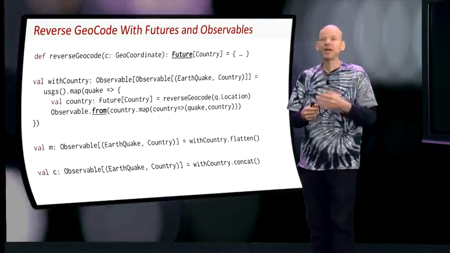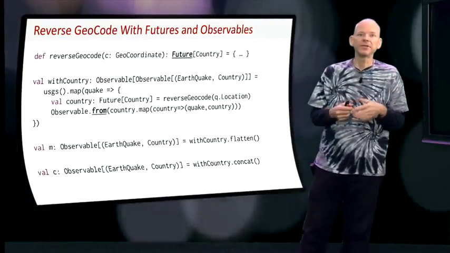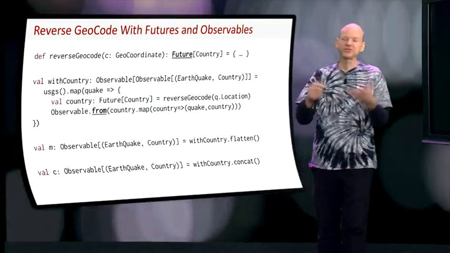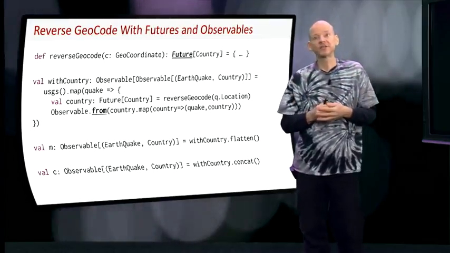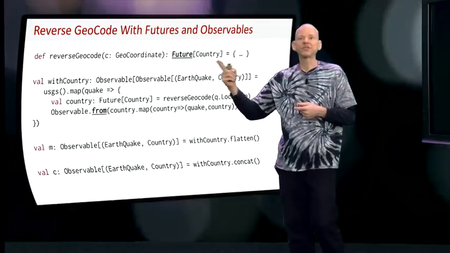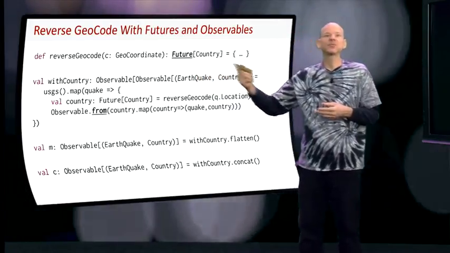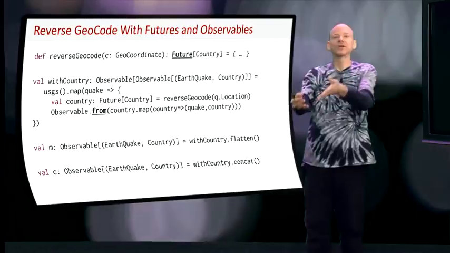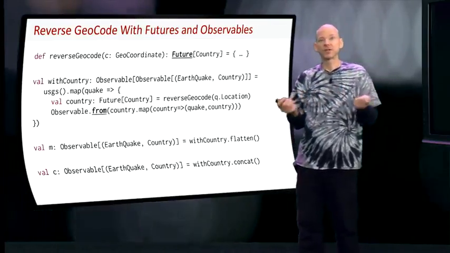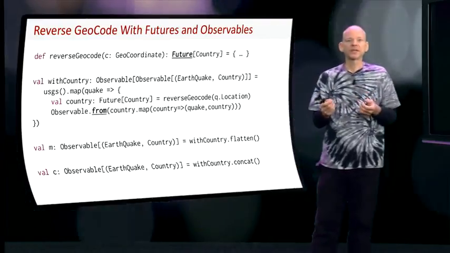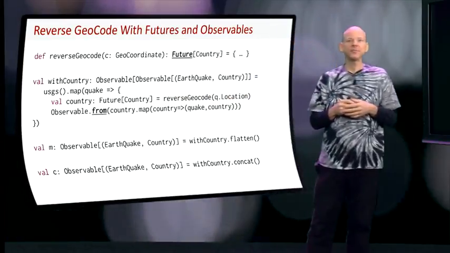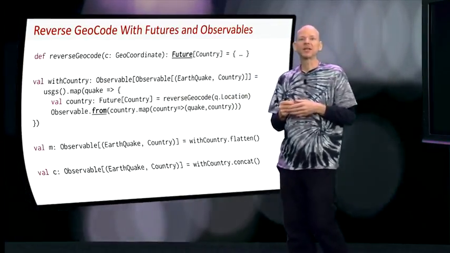Now, imagine that we have another service, the reverse geocoder, where given a geo coordinate, so lat long or some other geo coordinate, we get back a future of a country. Again, we're using a future because when you geocode, you get one result. This example shows how futures and observables can work together. We start with our earthquake stream, and then we map over that.